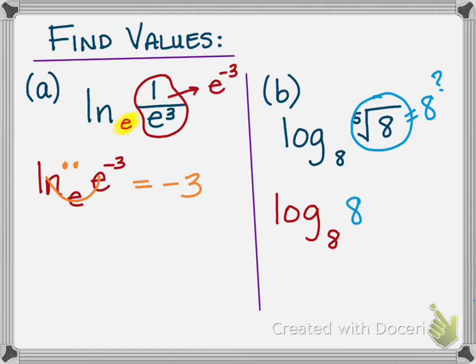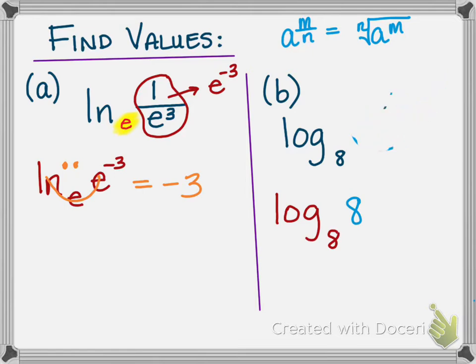So what you're going to do is remember that I gave you a formula. A to the M over N equals the nth root of A to the M. So let us rewrite it, okay? Let me erase this here because it's kind of noisy and it's confusing us. So the problem was, oops, I'm almost forgetting what the problem was.